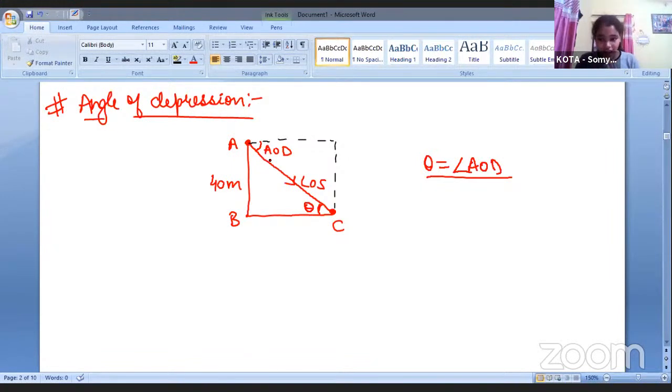It is not the angle of depression technically. The angle of depression is this only, but because of the alternate angles property, it comes out to be equal to this part. So you just have to remember that yes, there is an angle inside a triangle also. It is equal to AOD. So technically it should be outside, but now that it is inside, we can't do anything. Okay, so this part you all need to remember.